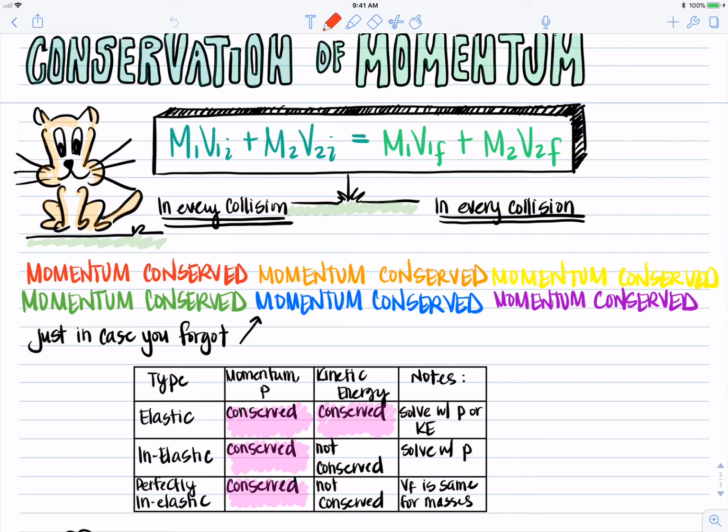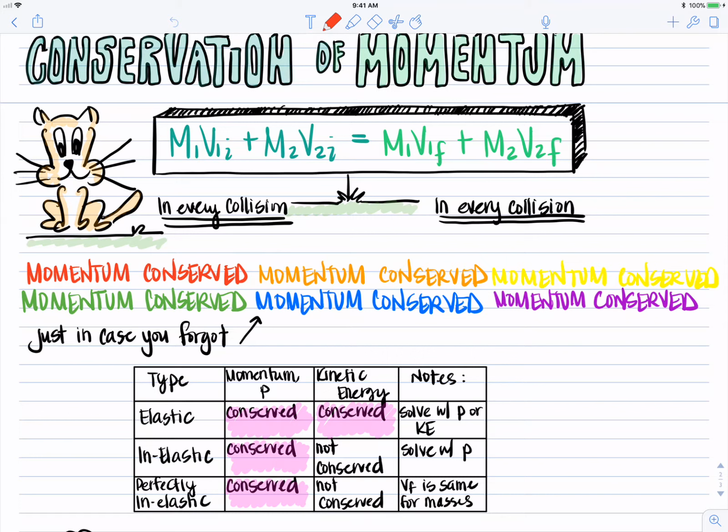So there's only one type of collision, and that's an elastic collision, where kinetic energy is actually conserved. In that case, you could solve for missing variables with either conservation of momentum, m1 v1 initial plus m2 v2 initial equals m1 v1 final plus m2 v2 final, or with kinetic energy by saying the initial kinetic energy is equal to the final kinetic energy, and then solving from there.